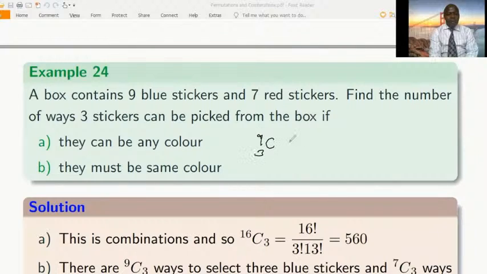Or we can also select 3 out of the 7, which are red. So it could be this number of ways or this number of ways. So that is how we do that part B.